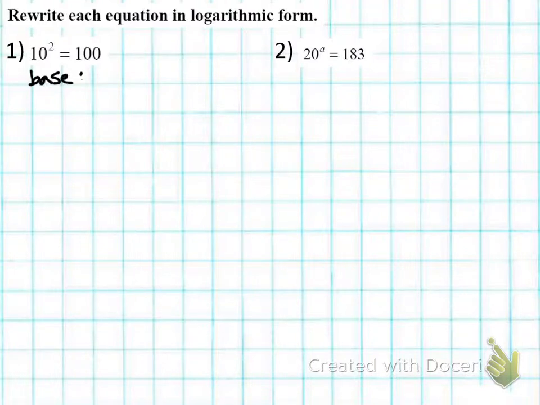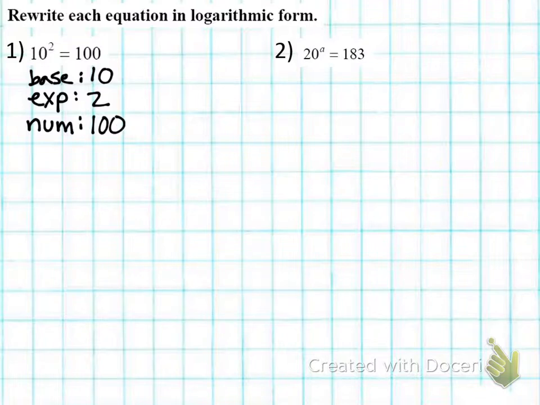The base is 10. The exponent is 2, and the other number is 100. So I'm going to use the format guide to rewrite this in logarithmic form. So that's the same as saying log base 10 of 100 equals 2.